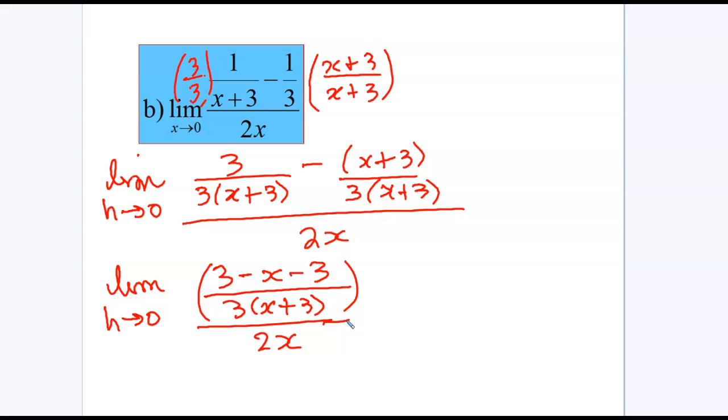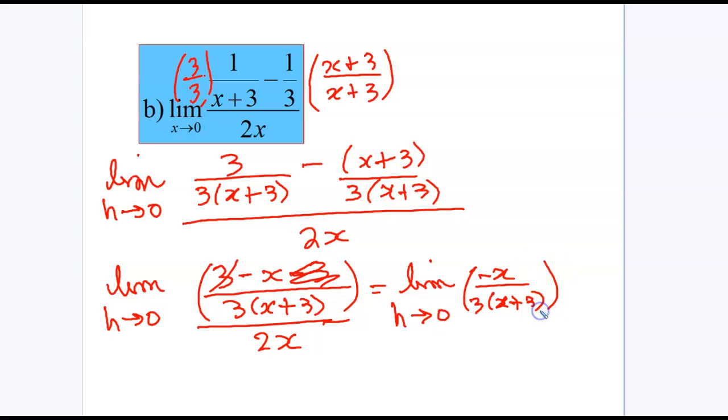So this is going to equal the limit as h approaches 0. Here, this 3 will cancel out with this 3. So I'm left with negative x over 3 times x plus 3. And this is still all over 2x. So now this 2x is really over 1. So I have a fraction.